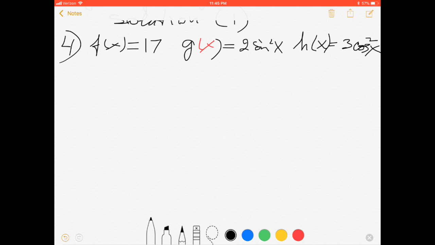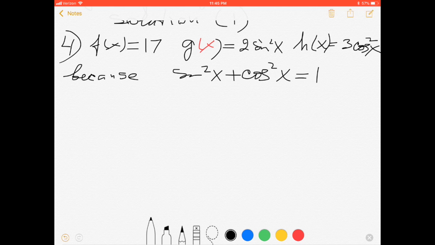Well, because we have sine squared x plus cosine squared x equals 1, this means 1/2 of my g(x) function plus 1/3 of my h(x) function will be equal to 1.